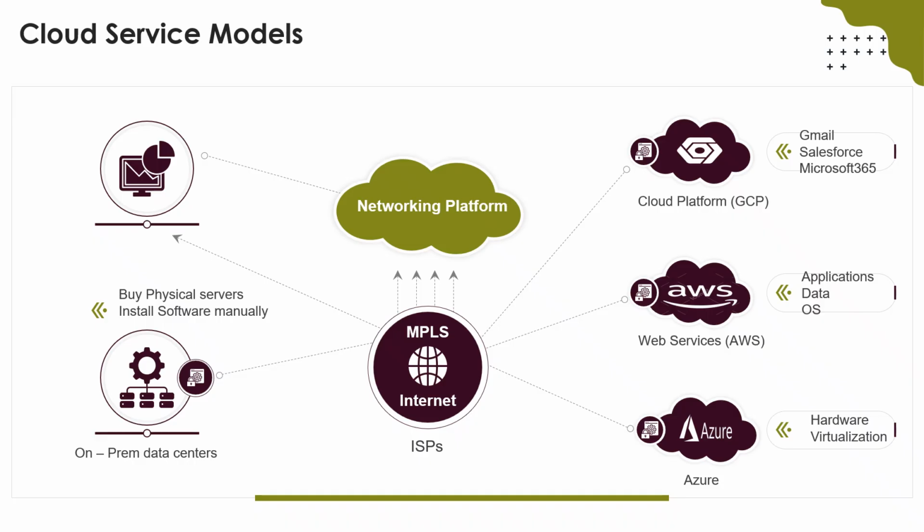However, the challenges are cost control, security responsibility, vendor lock-in, and internet dependency. For example, Netflix is video streaming, Google Drive is file storage, and Zoom scales during peak usage.